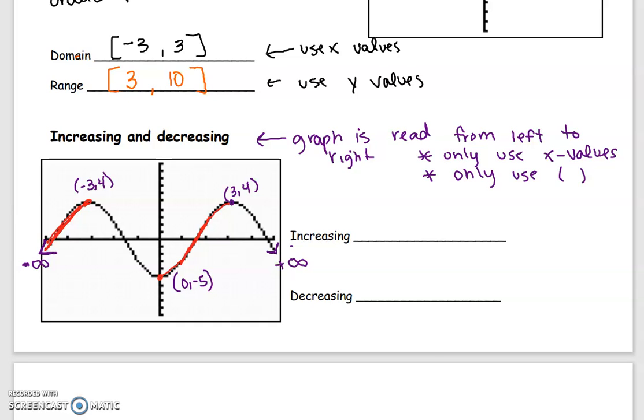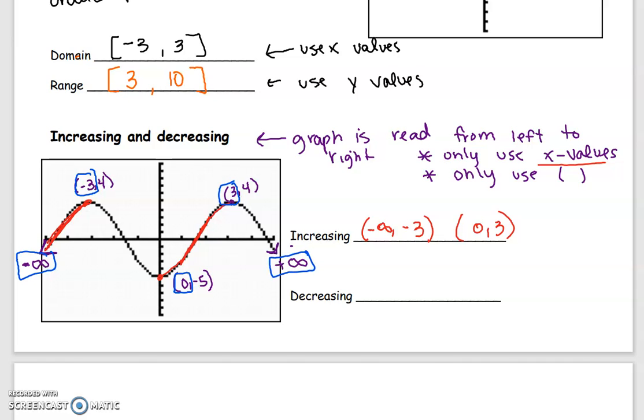So I'm increasing from negative infinity up to -3. Again, x values is all I'm using, and I'm using parentheses. Then I'm also increasing from 0 to 3. One thing that might help is circling or boxing in all of your x values, to make sure you just use those.